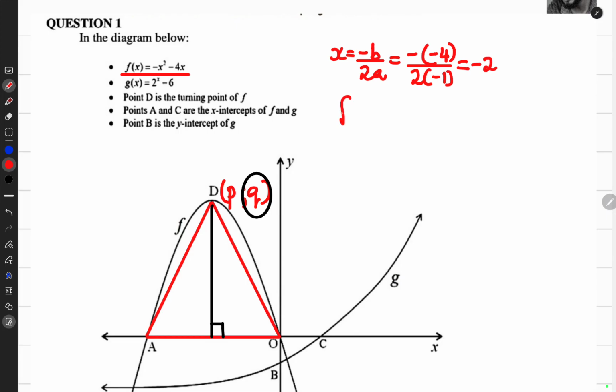So we need to find f of negative 2, meaning that where there's x, we need to replace it by negative 2, like so. Then from there we can use our calculator to find the answer.